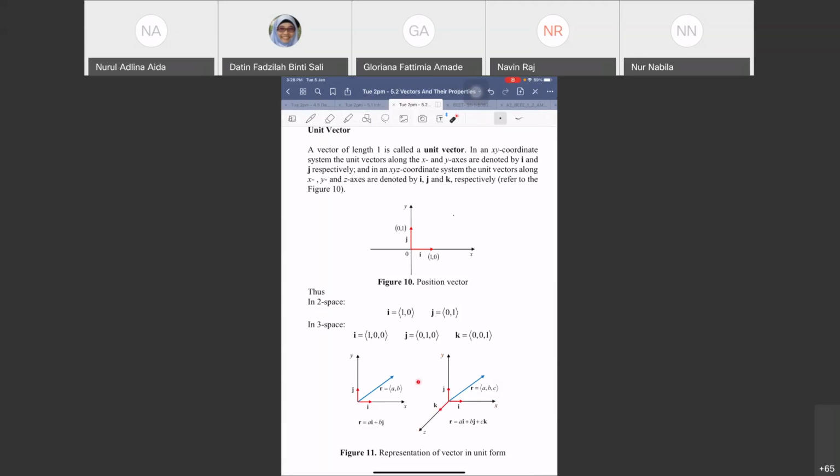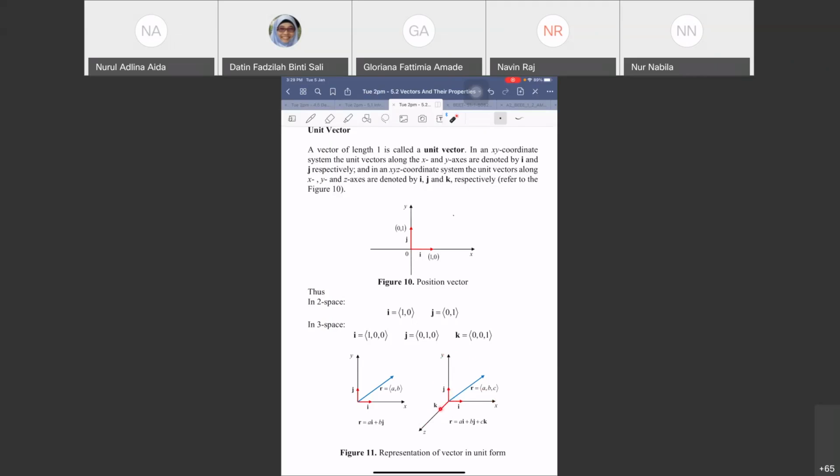Somehow this diagram for three-dimensional labels this as z, x and y, but it doesn't matter. As long as this is the positive x-axis, this is i. j is the representation for a unit vector in the direction of positive y-axis.